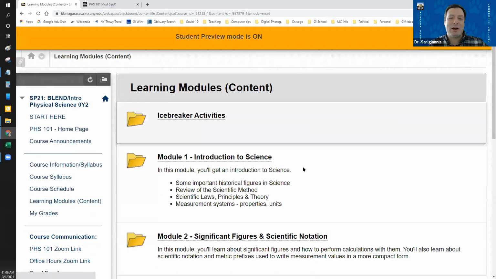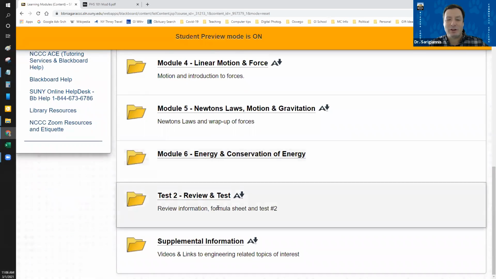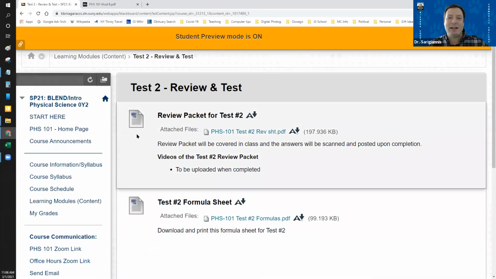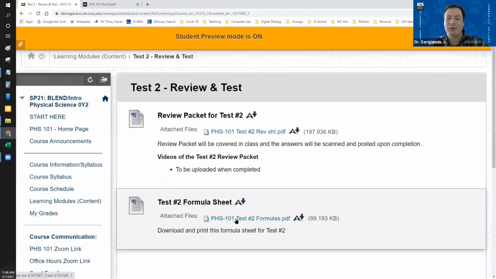The other thing I want to point out, though we're not really there yet, is the Test 2 review and test material. In this folder I put the review packet for test number 2, and then the formula sheet. The test will also show up in this folder.